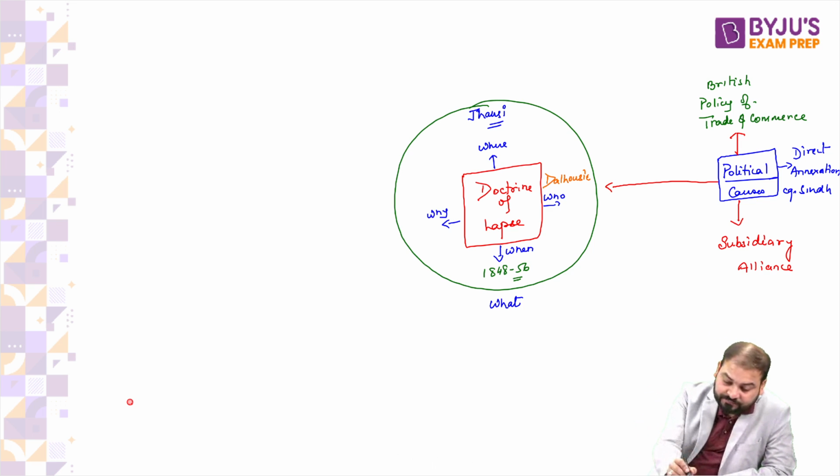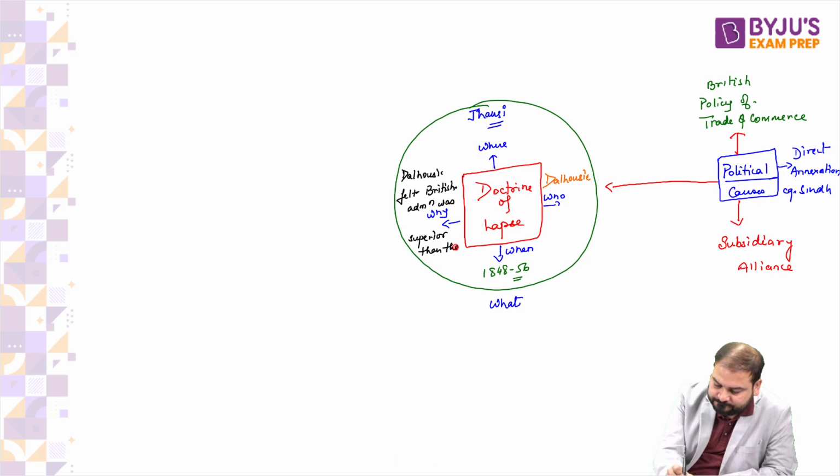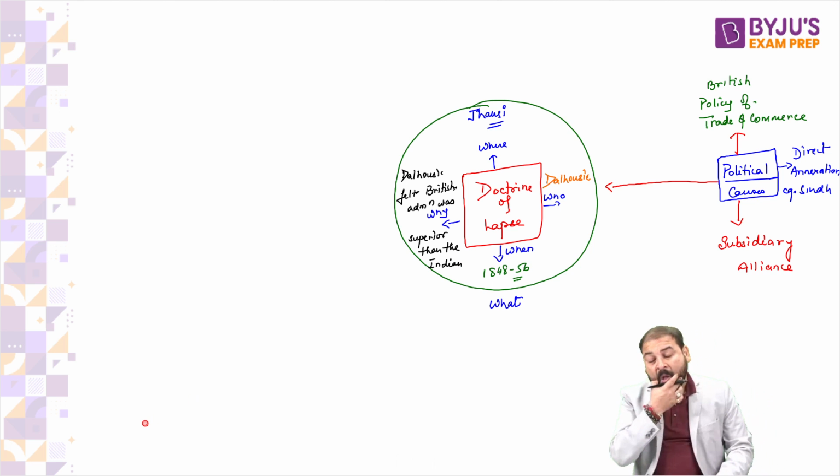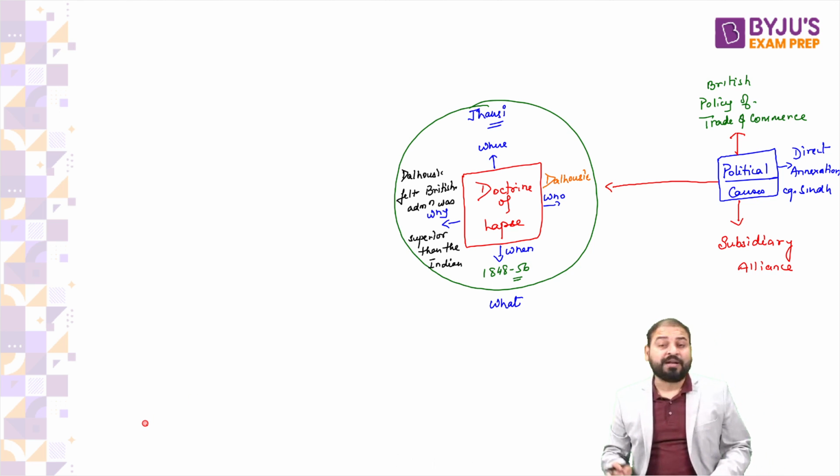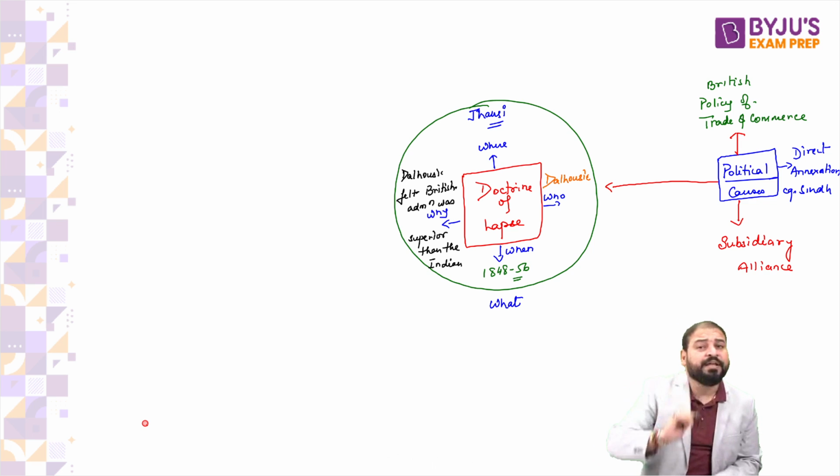Please understand, Dalhousie felt British administration was superior to the Indians. All of you, please understand. Dalhousie thinks that Britishers are better rulers than Indians.